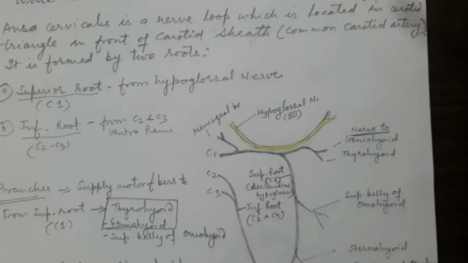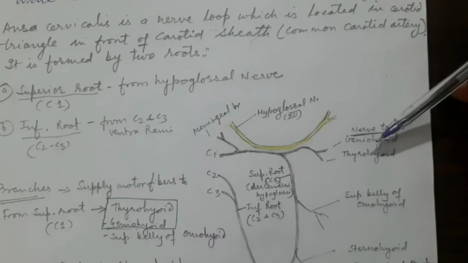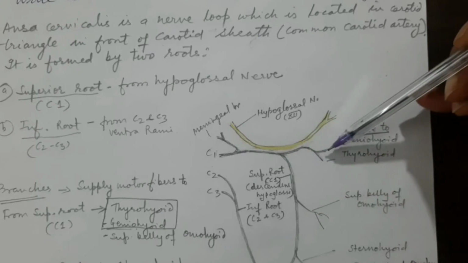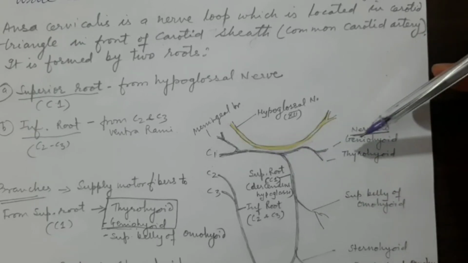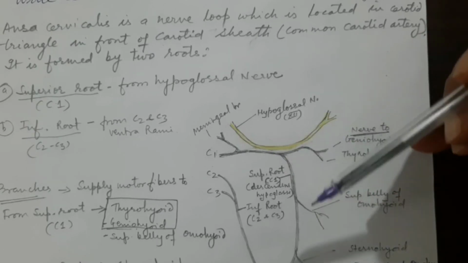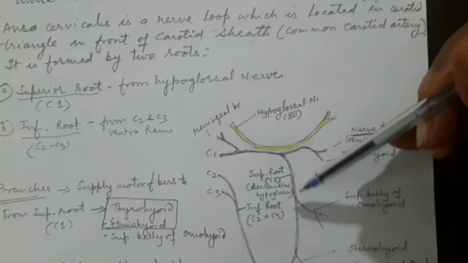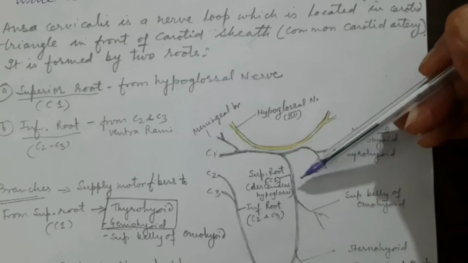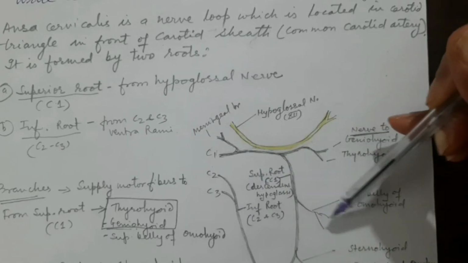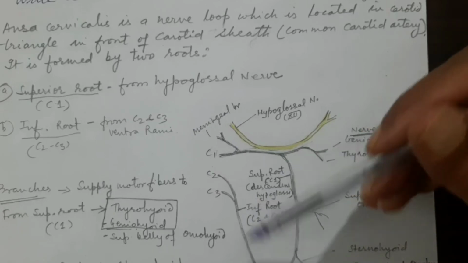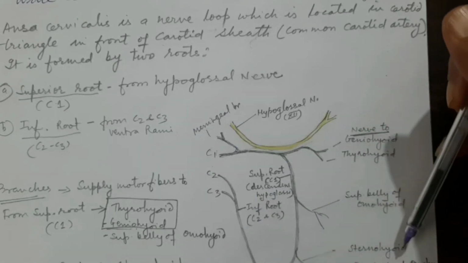As I said, from the superior root the branch will go to geniohyoid and thyrohyoid, but they are C1 fibers, and they are not considered as branches of the Ansa cervicalis or of its roots. Only the branches which take origin from the roots and loop are considered as its branches.